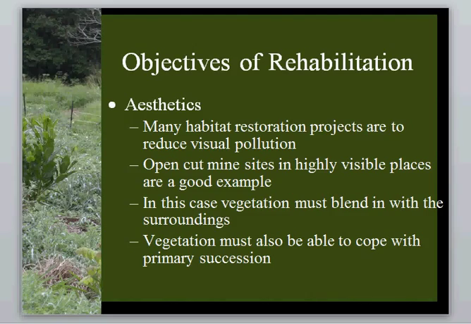This type of rehabilitation for aesthetics, as opposed to rehabilitation for soil stability, will quite often be more expensive, because you need to provide irrigation for the first dry season, fertilizer, maybe some shelter for the young seedlings over the first dry season before they're established.